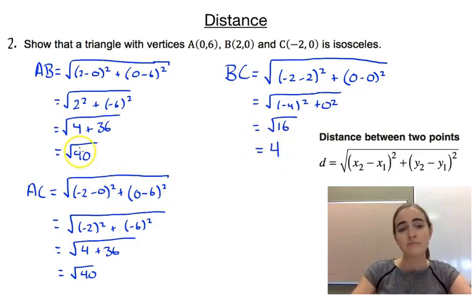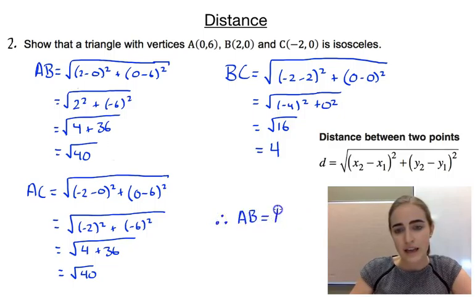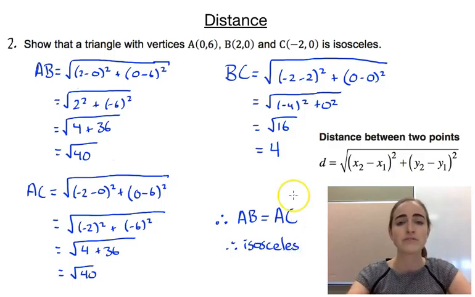So that one's not the same, but these two are. So we can write, therefore, AB is equal to AC, therefore isosceles. And so that's two examples of finding the distance between 2 points on the number plane.